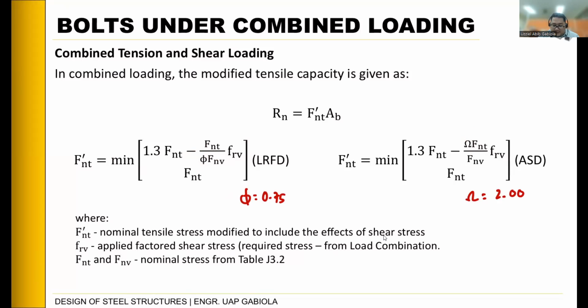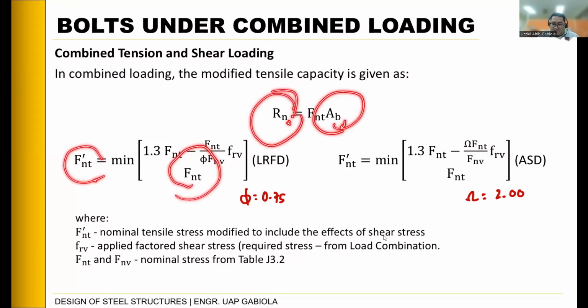And then, compare natin tong equation na to with FNT lang. Okay? So, kung yung makukuha natin na value na modified, multiply lang natin by the area ng bolt, makukuha natin ngayon yung reduced capacity natin. And then, saan natin ko-compare ito?